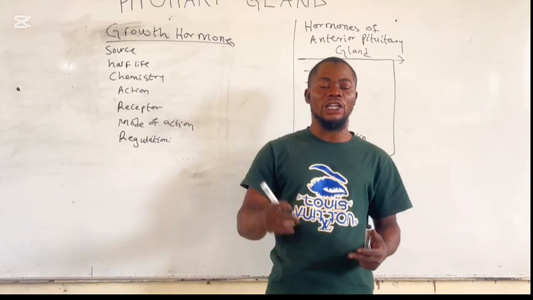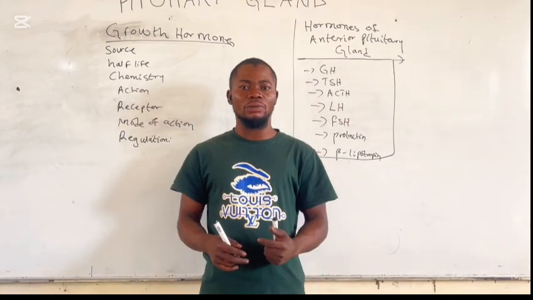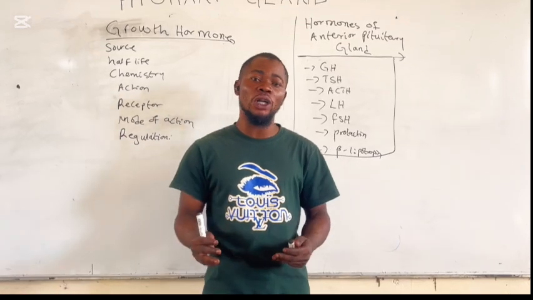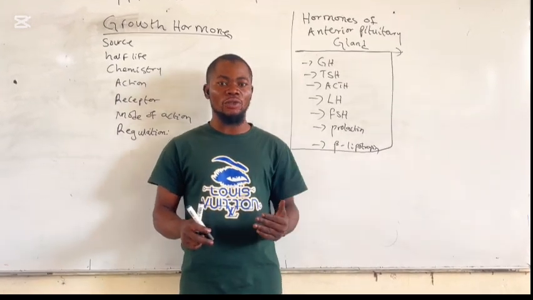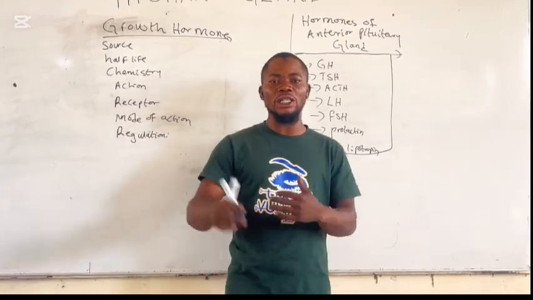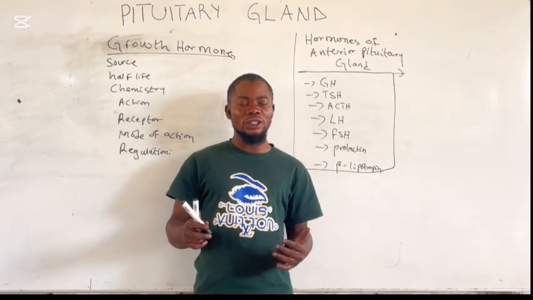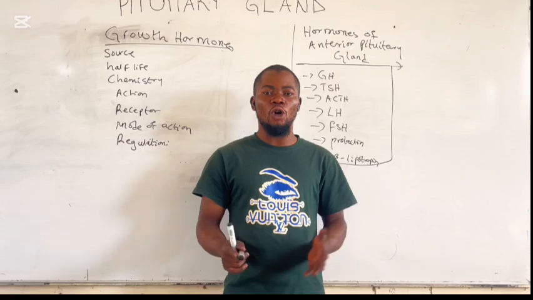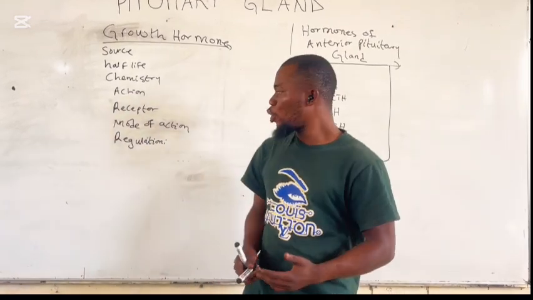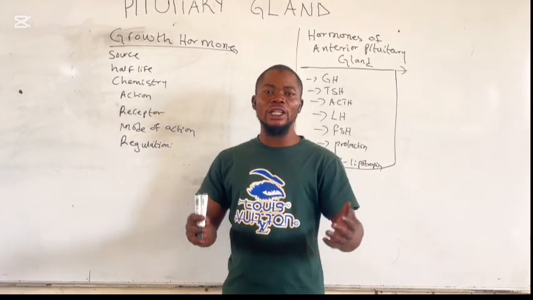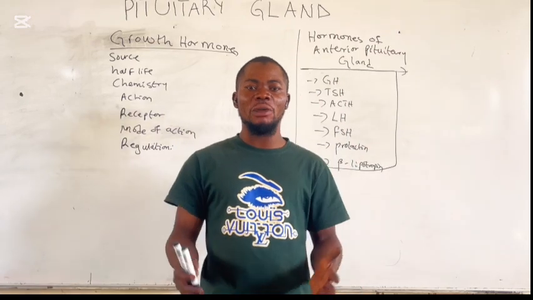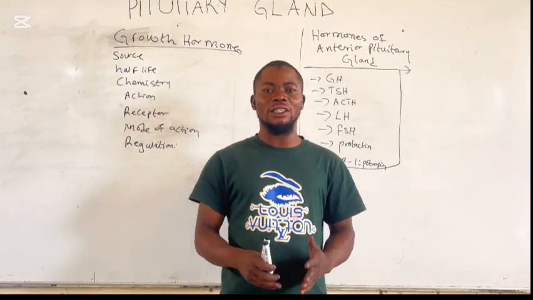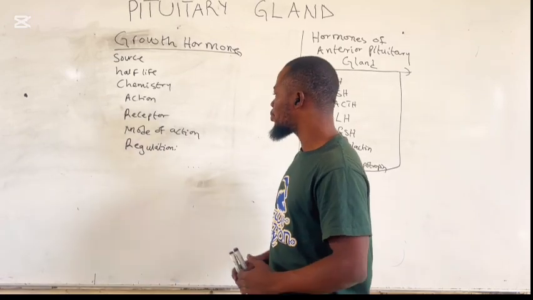Though there are some other factors that can stimulate or inhibit the secretion of growth hormone. Growth hormone can be released due to stress, hypoglycemia, or in the early hours of sleep, while it can be inhibited by hyperglycemia, increase in free fatty acid in the blood, as well as the later hours of sleep.